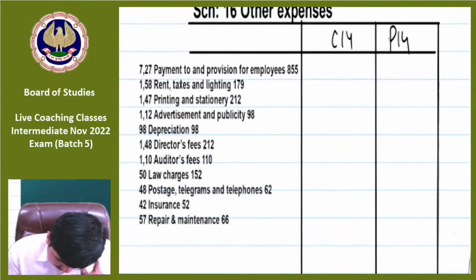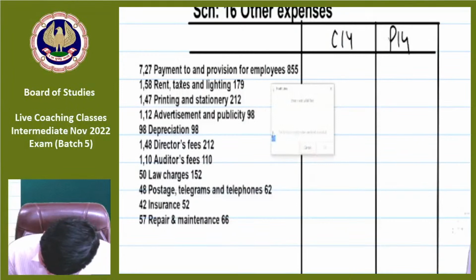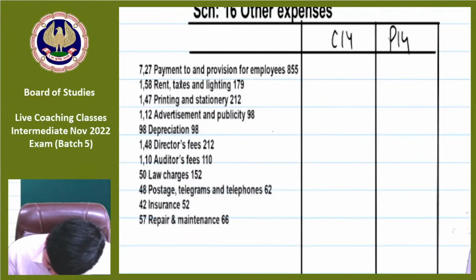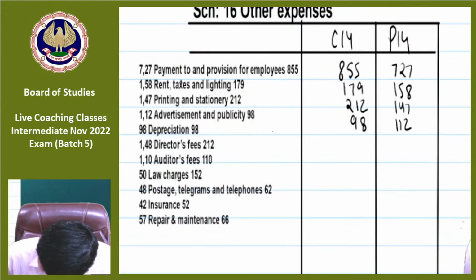Okay, so beta, see. 855 and 727, 179 and 158, 212 and 147, 98 and 112.